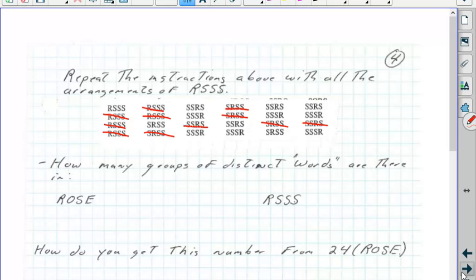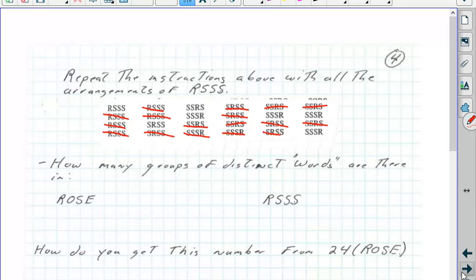SSRS, that guy shows up there, and there, and there. Missing one, aren't I? SSRS. I was missing one there. And finally, we have SSSR.